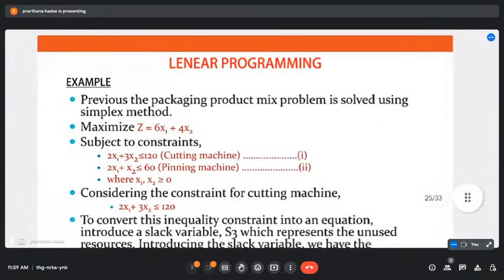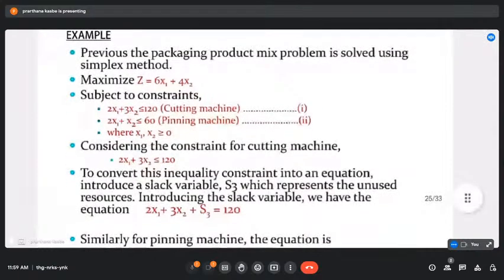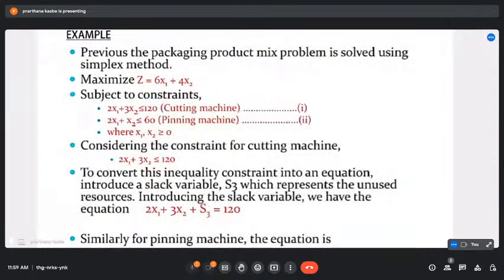For example, the previous packaging product mix problem is solved using the simplex method. Maximize Z = 6x1 + 4x2.